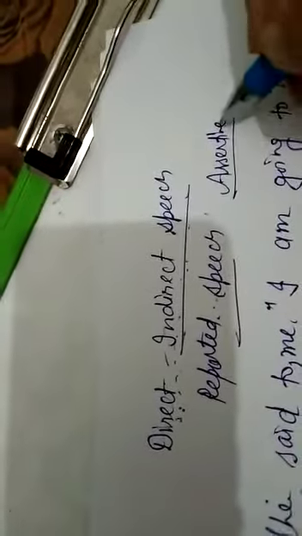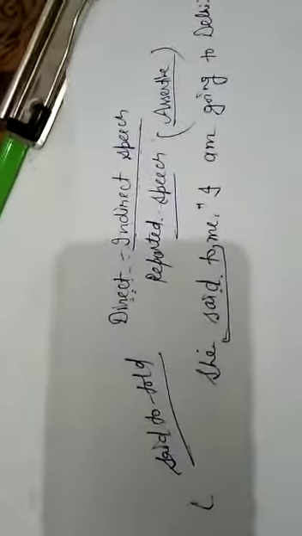When we change this direct speech, which is an assertive type of sentence, into reported speech, the reporting verb "said to" will always change into "told". Said to changes into told.